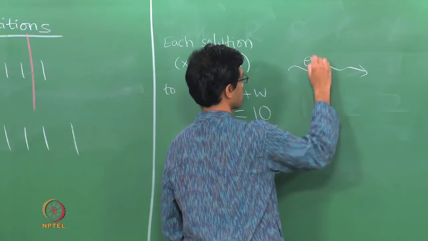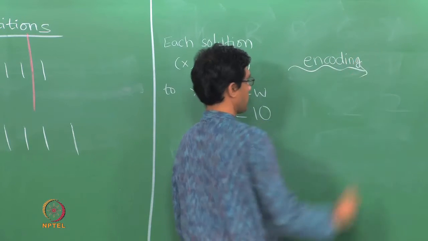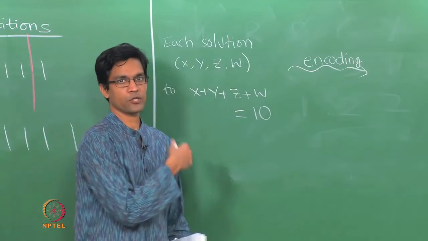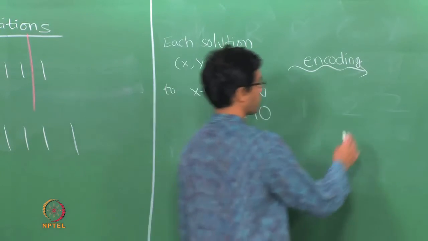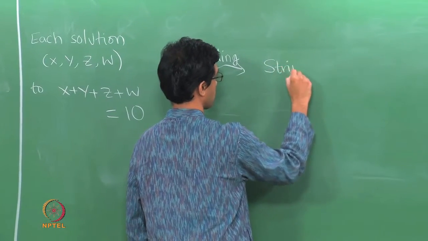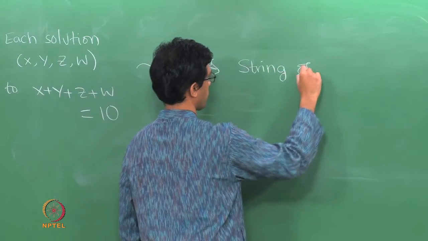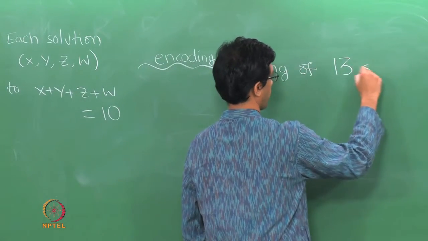So what we are doing is we are coming up with an encoding. We want to think of the same thing in a different way, which will be easier to count. It's encoded by a string, so a sequence of, well, a string of what? Of 13 symbols.